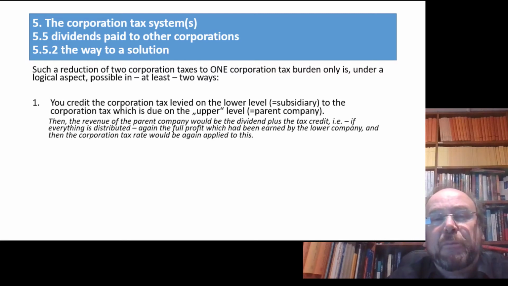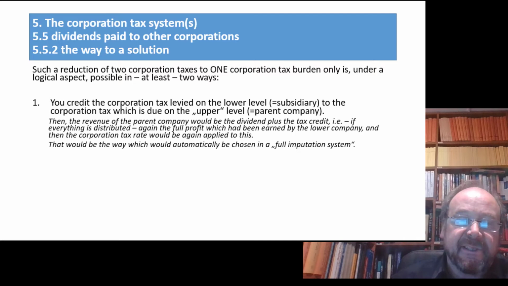And so it's a monetary advantage, and the monetary advantage is defined as a revenue, you know. So our revenue is first the dividend amount plus the tax credit. Now, if everything has been distributed, so our revenue from the subsidiary is identical with the complete underlying original profit, 100%.